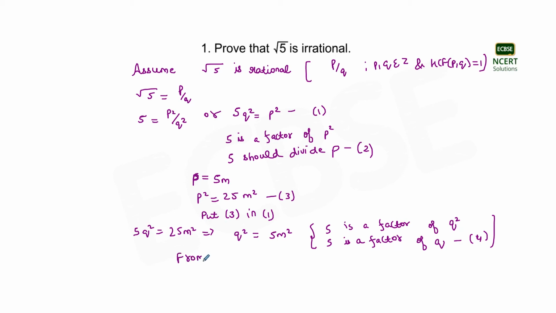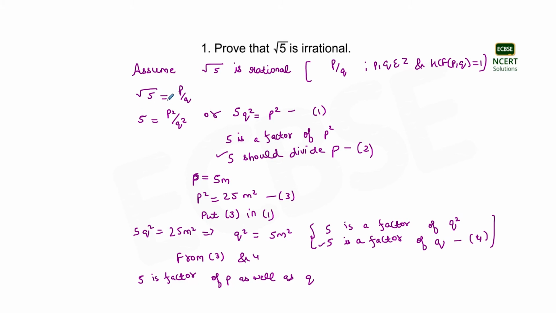From 3 and 4, 5 is a factor of p as well as q.